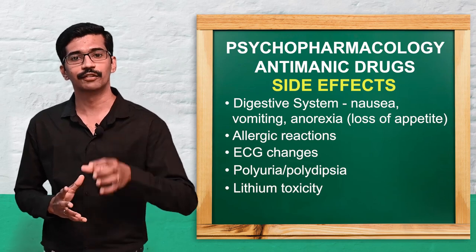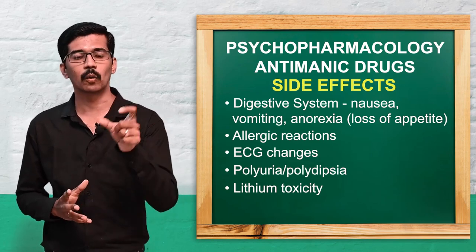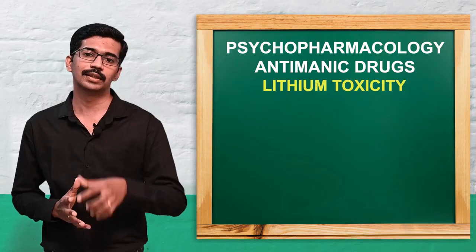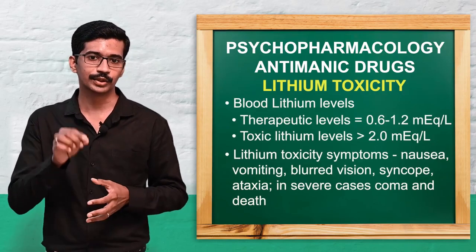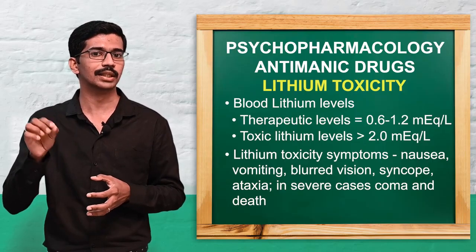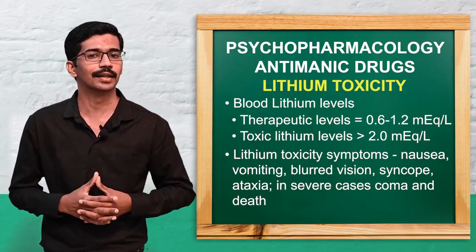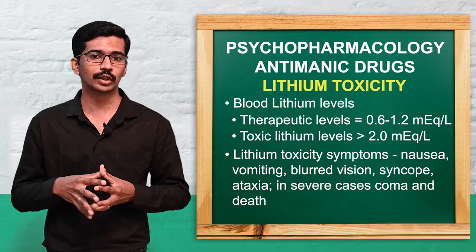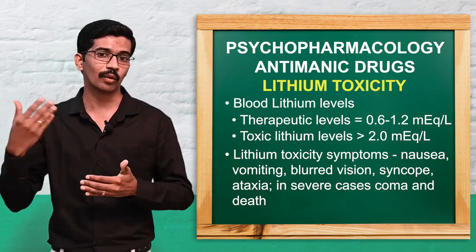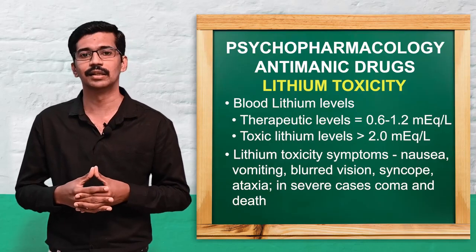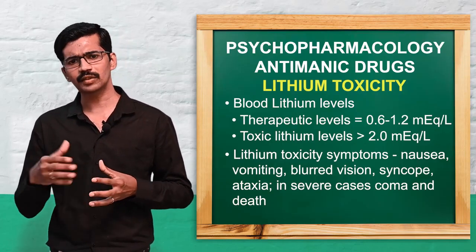The main side effect of lithium is lithium toxicity. The normal therapeutic level of lithium is 0.6 to 1.2 milliequivalent per liter. That is the blood level. If it exceeds more than 2 milliequivalent per liter, it produces toxicity.